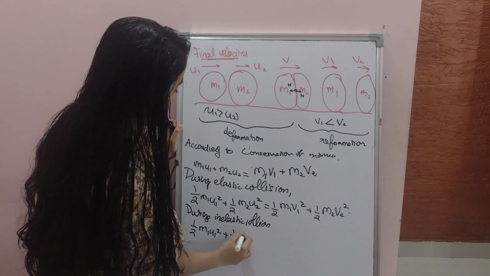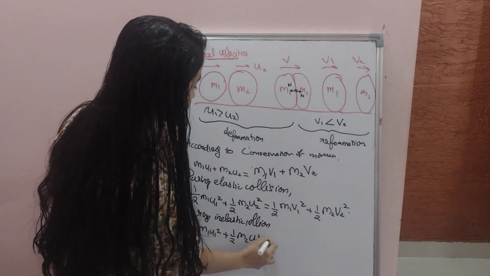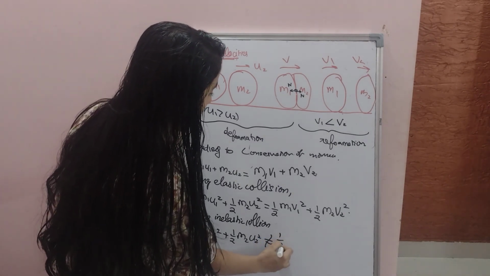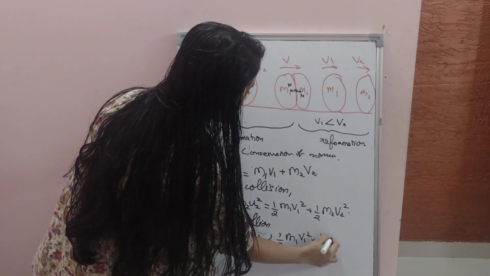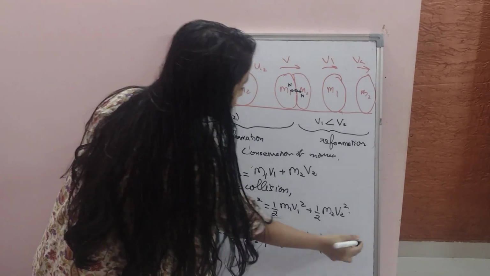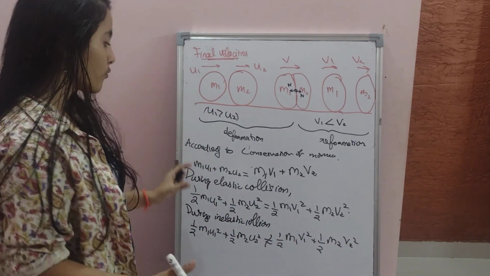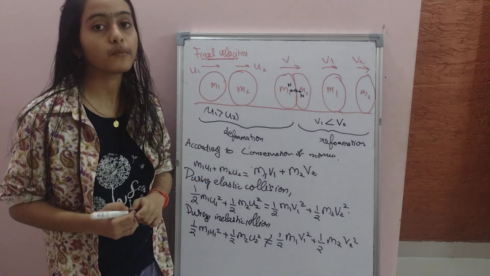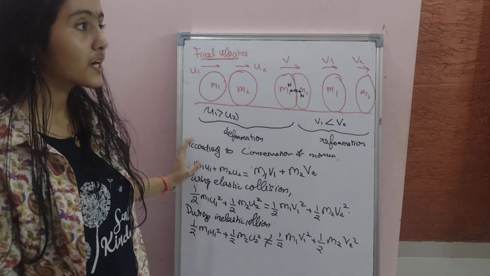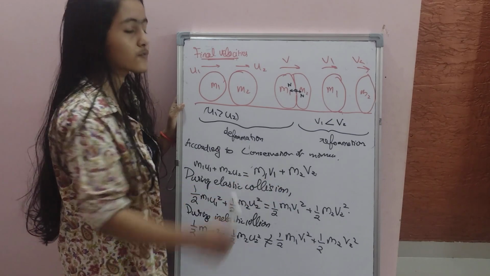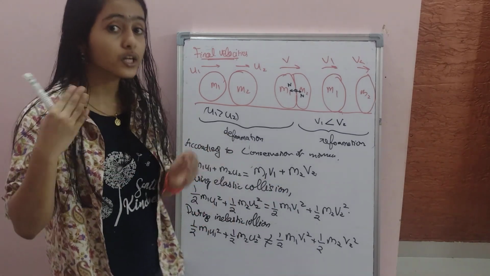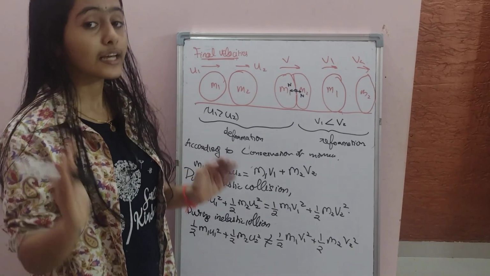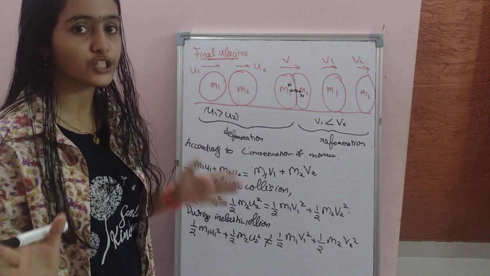So, half m1u1 square plus half m2u2 square is not equal to half m1v1 square plus half m2v2 square. This statement is wrong. So, we only have the conservation of momentum equation, but we cannot solve for V1 and V2 using this equation only.